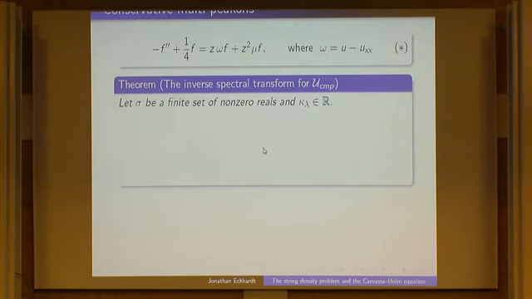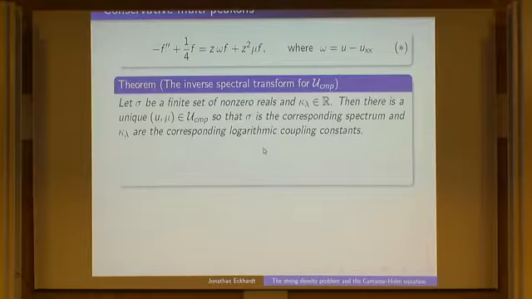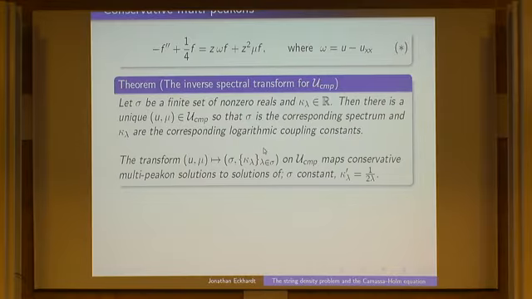So let me state the resolution of the inverse problem in this case. Now again you have a finite set and any constants kappa, and you don't have these conditions on the determinants anymore, but you always get a pair u, mu which has exactly these spectral data. And again, this transformation that takes mu to your spectral data is a projection and maps conservative multi-peakons to this simple linear flow here.